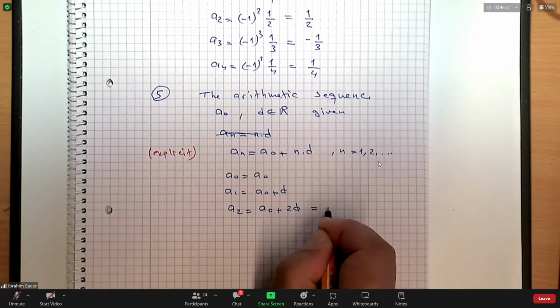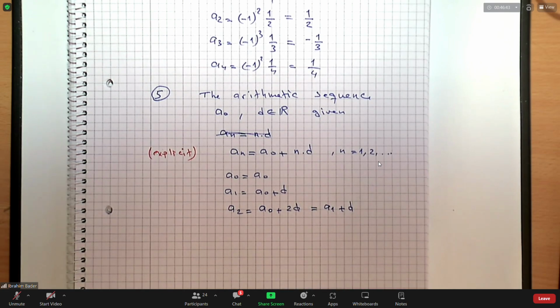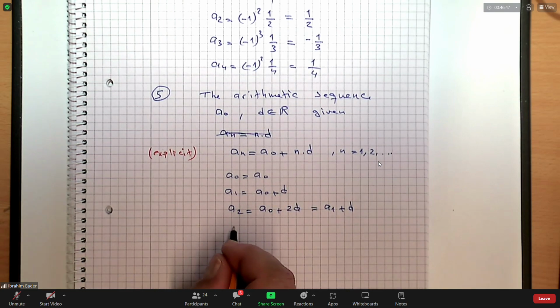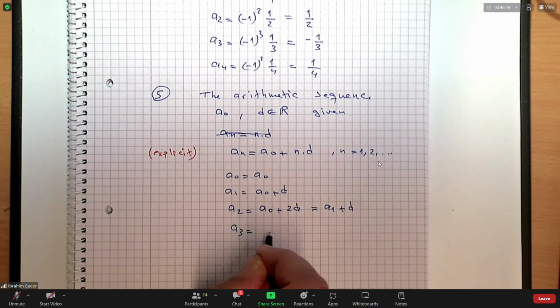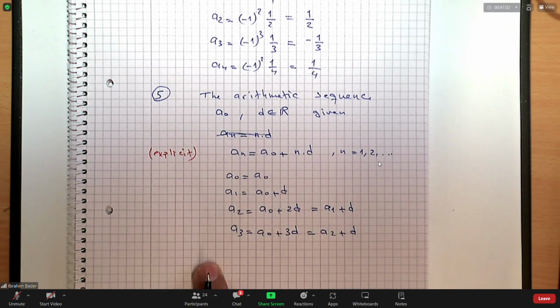But this is equal to A1 plus d, because A0 plus 1d is A1. A3 equals A0, according to the formula, n is 3, so 3d. And this is equal to A2 plus d. So always when you move further, you add d.